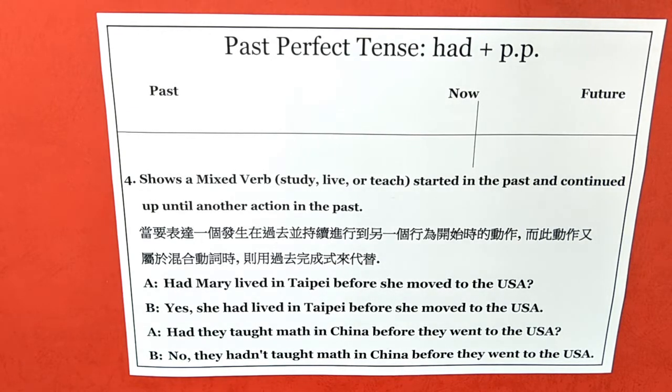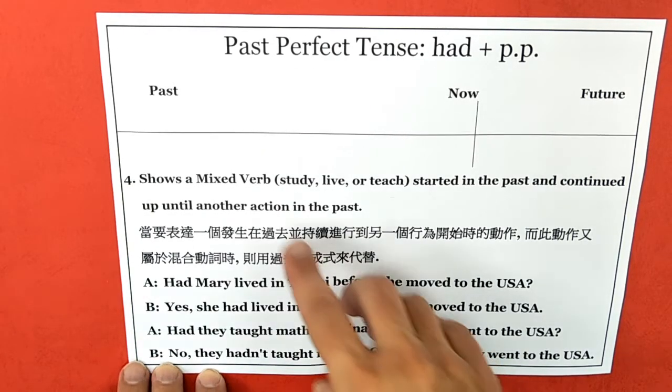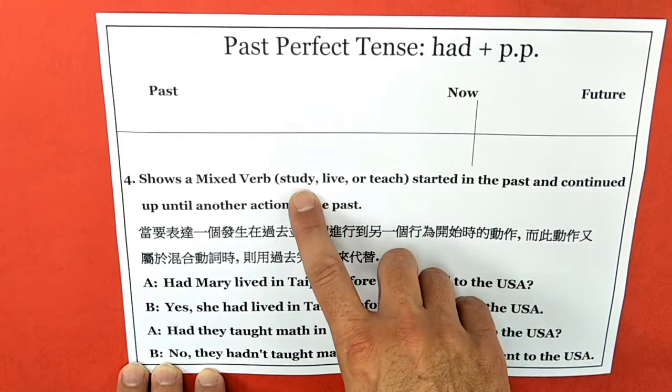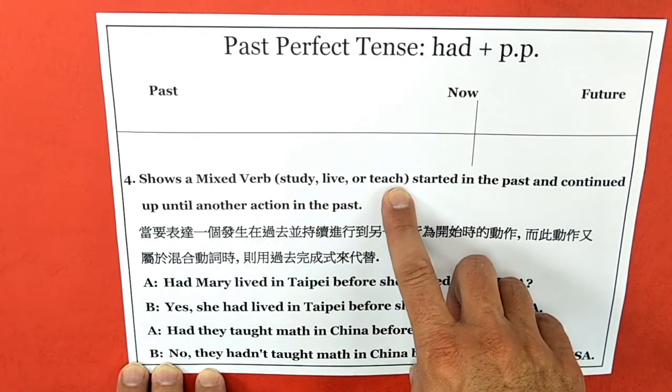But with these mixed verbs, we can use two different verb tenses, but they have the same meaning. This is why sometimes American kids are confused. What tense is this? What should I use here? Well, especially with the mixed verbs. Now, in Taiwan, your teacher will teach you these three mixed verbs: study, live, or teach.